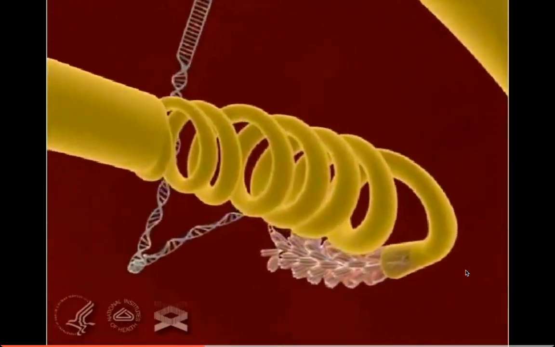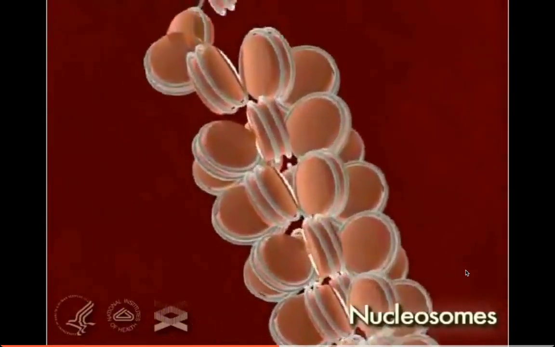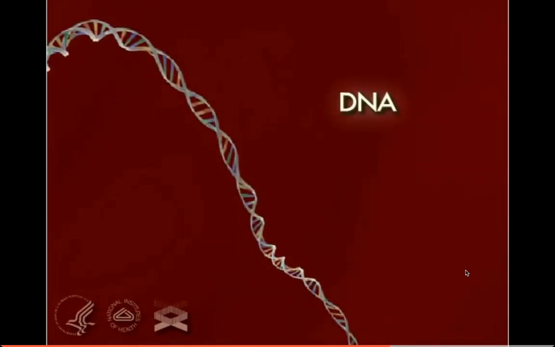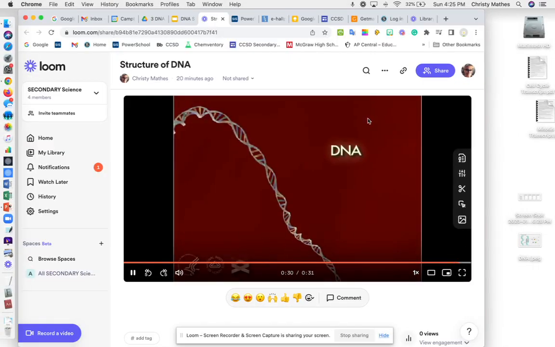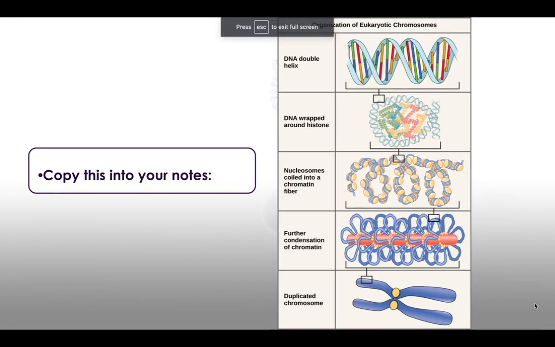There's the supercoils, the coils, the nucleosomes, the chromatin, down to the double helix of the DNA. It is important that you understand this structure and how it works in order for DNA to be packaged.